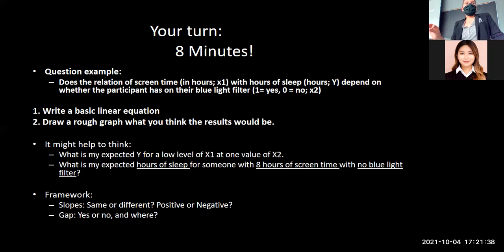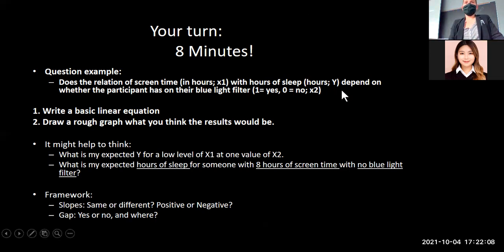I want to know if the relation between screen time and hours of sleep, because the whole point of these blue light blocking glasses is that you're supposed to have better sleep if you use them, is dependent on whether the participant in this study is wearing their blue light blocking glasses.